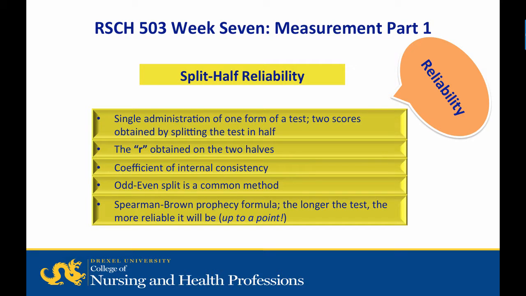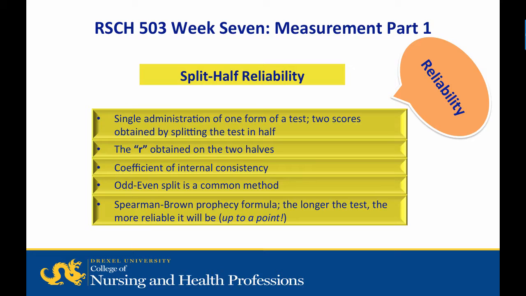Another method of determining the reliability of a test or instrument is called split half reliability. In this method, a single test or instrument is administered in one session, and 2 scores are obtained by splitting the test or instrument into 2 forms, with Pearson's R obtained from scores on the 2 halves.